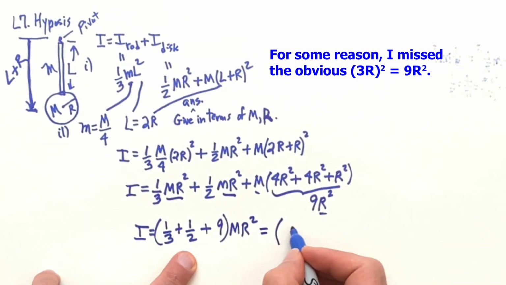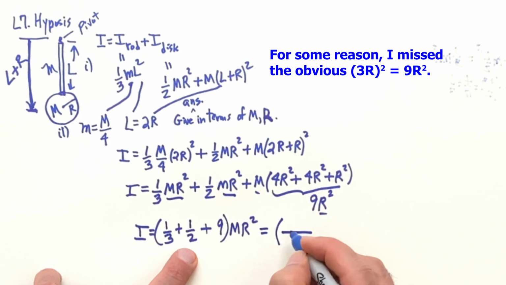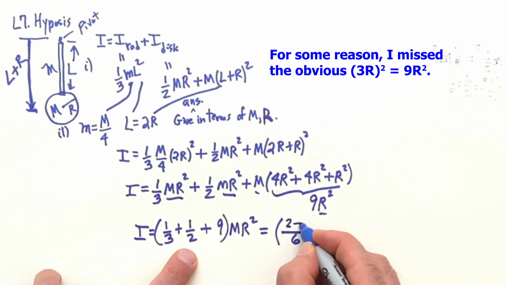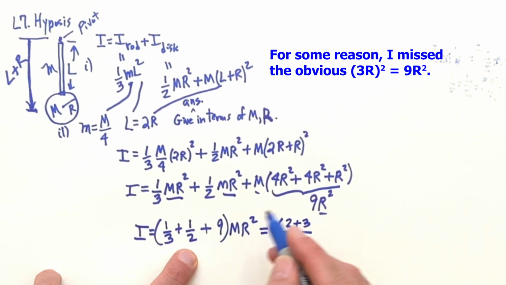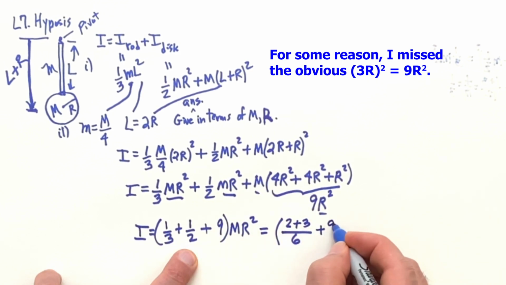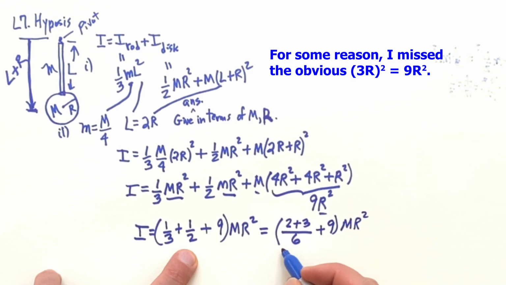Well, if we add the 1/3 and the 1/2, the common denominator is 6, so this is 2 plus 3. Let's check that: 2 over 6 is a third, 3 over 6 is a half. Add those together and we have 5/6 plus 9.